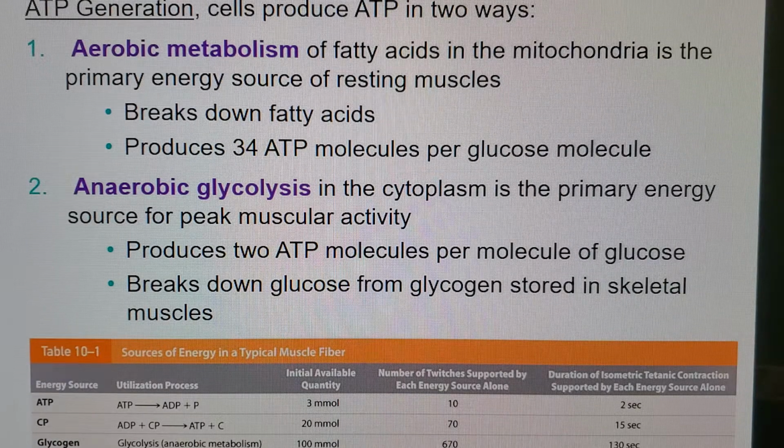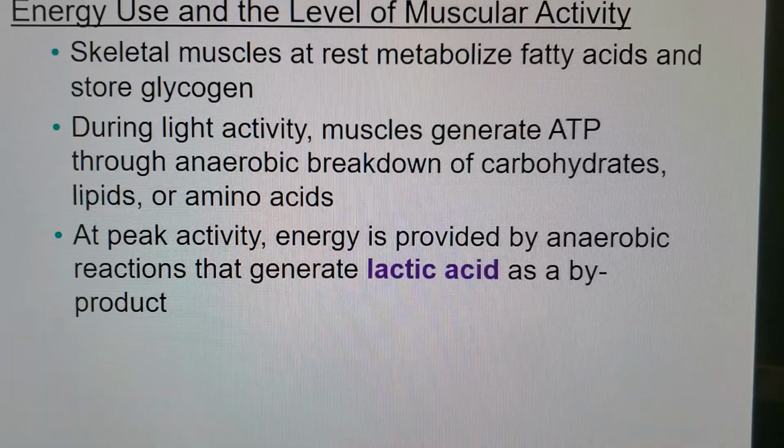Anaerobic, or without air, in the cytoplasm, is the primary energy source for peak muscular activity. So aerobic, mitochondrial; anaerobic, this is occurring in the cytoplasm. It's the primary energy for peak muscular activity. It produces only 2 ATP molecules per molecule of glucose, and it breaks down glucose from glycogen stored in the skeletal muscles.